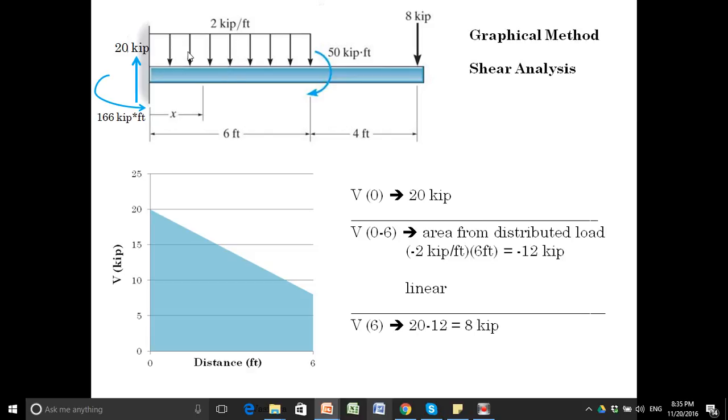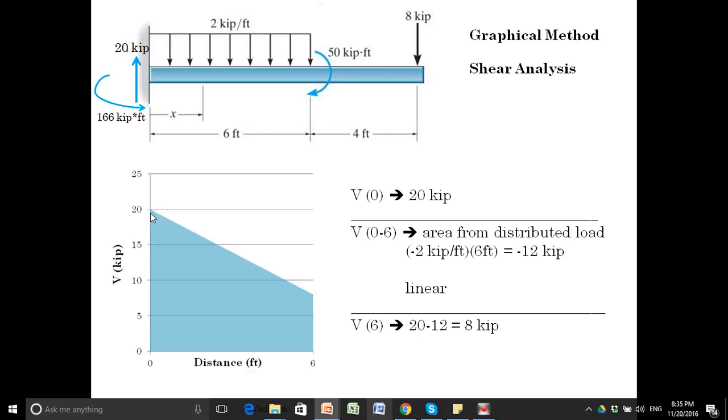So the area from the distributed load is 2 kips per foot times 6 feet, and remember that it's going downward, so we have negative 12. So what does this tell us? We know that at 0 we start at 20. And we know, because our distributed load is this constant distribution, our shear force is going to be linear.